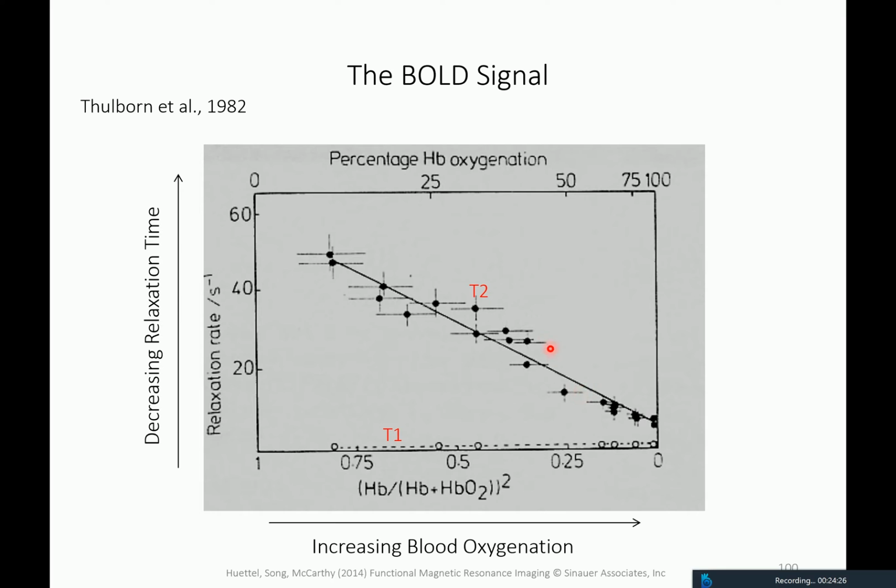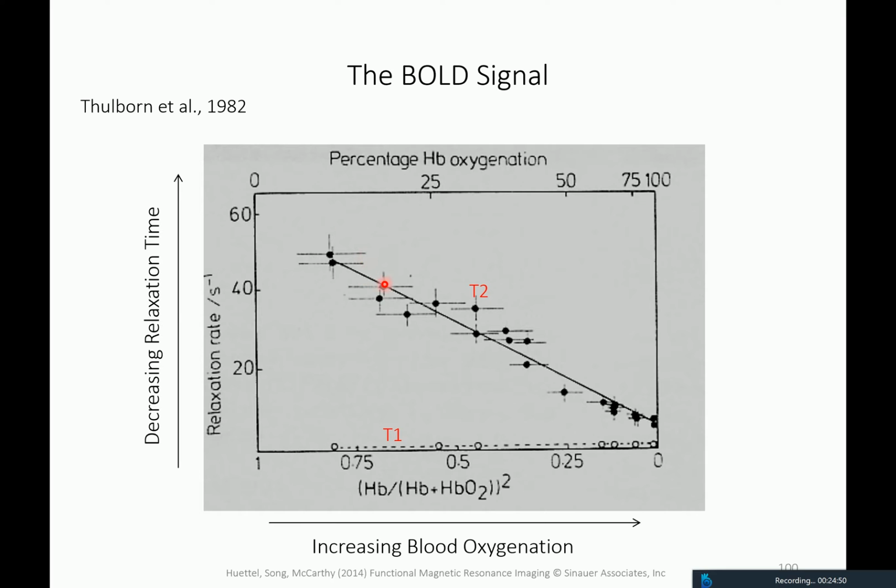The T2 time constant is lower for higher levels of blood oxygenation. And if you transfer this into an image, you have a signal dropout for high oxygenation. This we will see in a second.